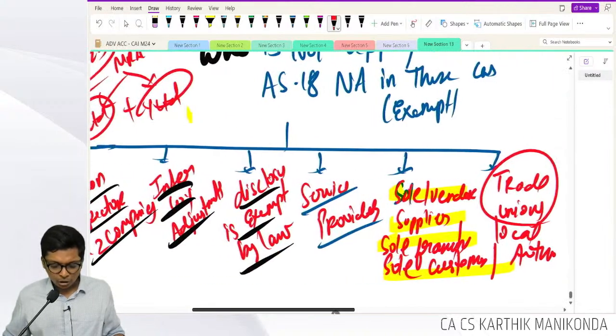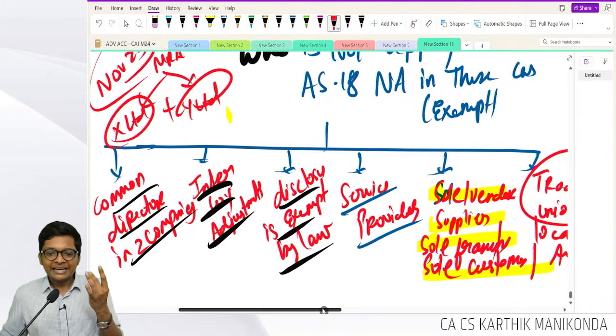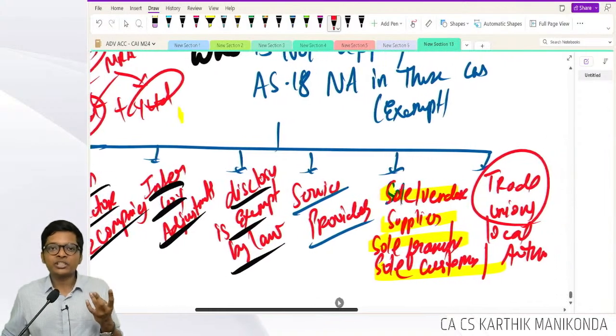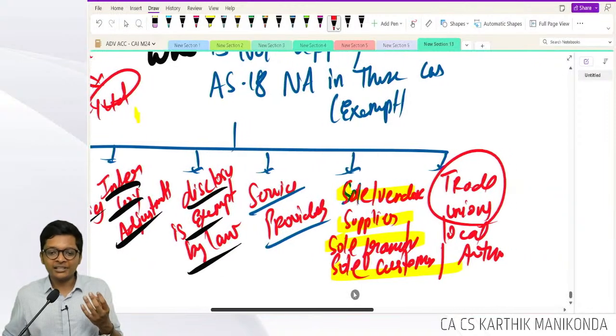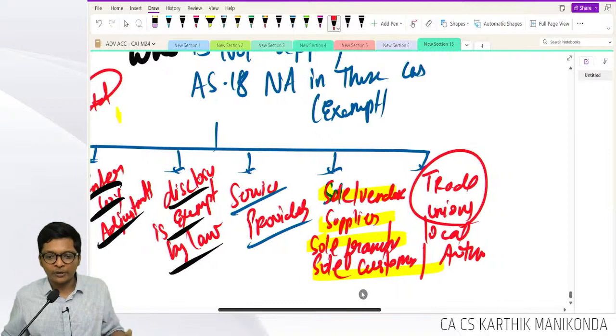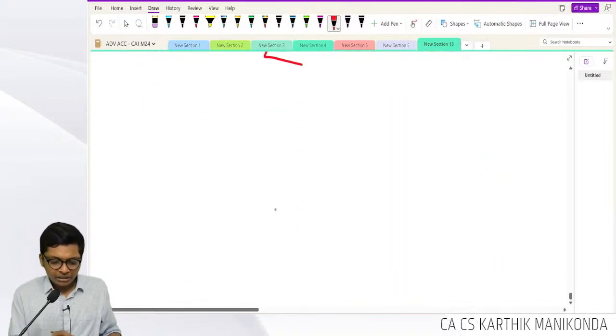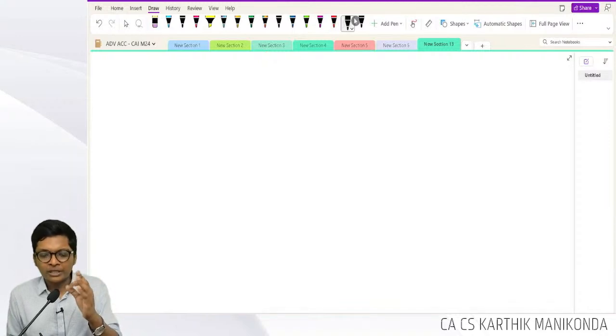These are the things which are not related parties. In exam they might ask: common director, intercompany adjustments, disclosure exempt by law, service providers, sole vendor, sole supplier, sole franchise. Service providers means utility providers, trade unions, local authority, all these, we are not related parties. With this, AS 18 also comes to an end.